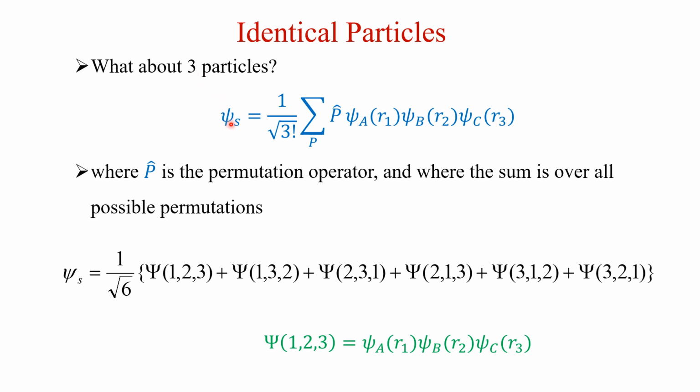For the three-particle system, the total symmetric wave function is equal to 1 over square root of 3 factorial summation over P, P cat psi A of R1, psi P of R2, psi C of R3, where P is the permutation operator and the sum is over all possible permutations. This can be written as psi sub S is equal to 1 over square root 6, since 3 factorial is 6, then psi 1 2 3 plus psi 1 3 2 and so on.